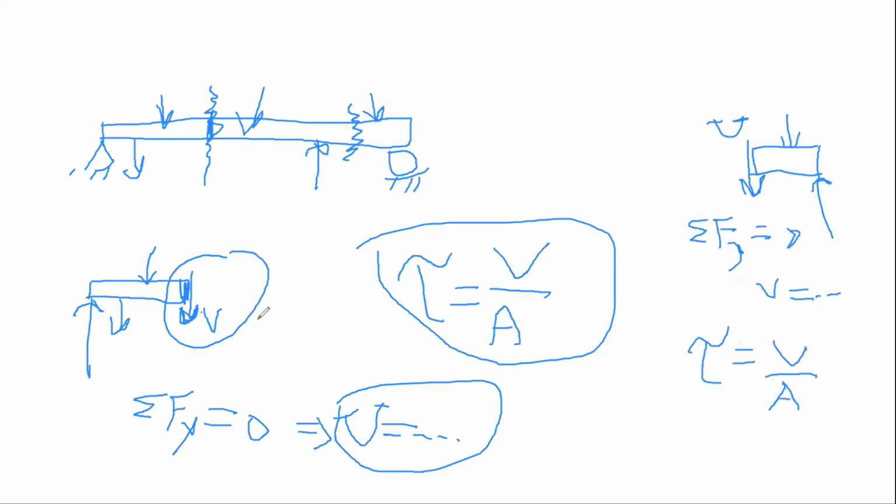I am saying all of this to mean that it doesn't matter how many external forces we have; it is different problem by problem. In this problem, we have 1, 2, 3, 4, 5 external forces, and also 2 reactions.